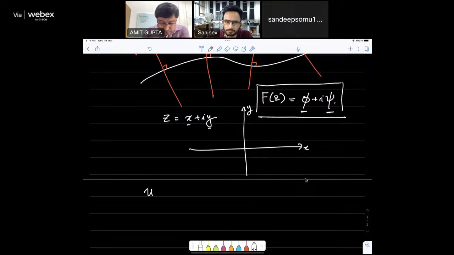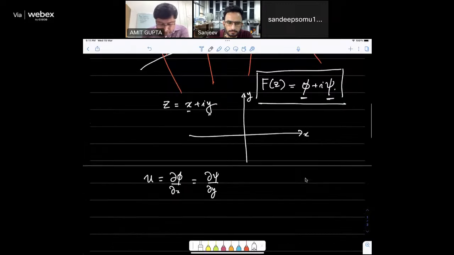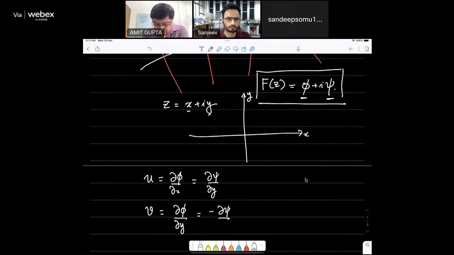They say that u, which is d phi dx, is also d psi dy, and v, which is d phi dy, is also minus d psi dx. Because u and v satisfy the continuity equation, du dx plus dv dy equals 0. That gives me this equation.